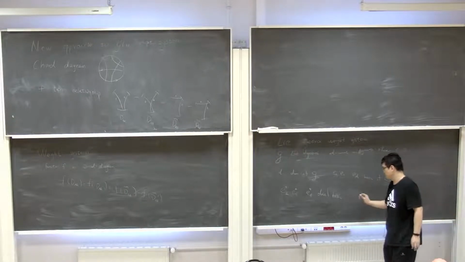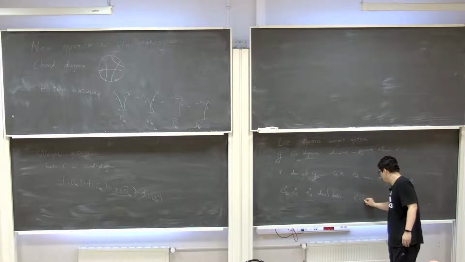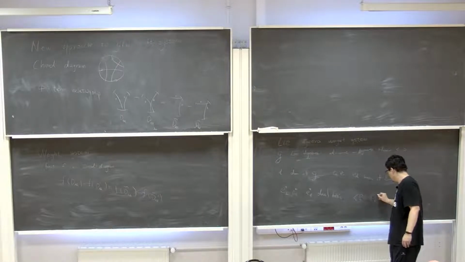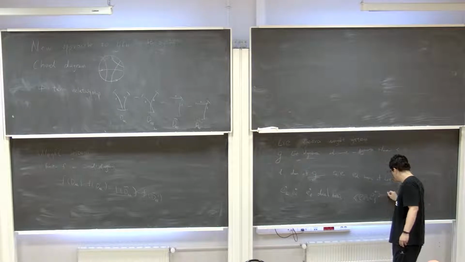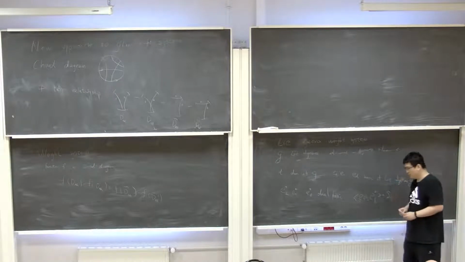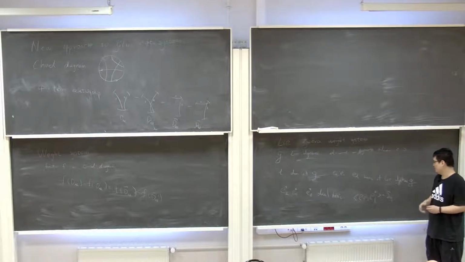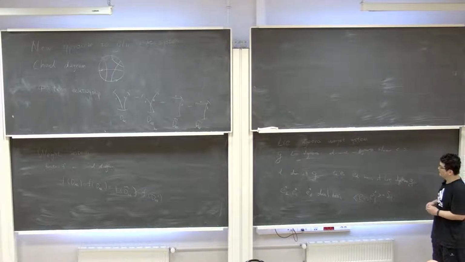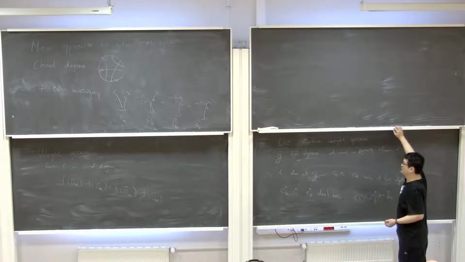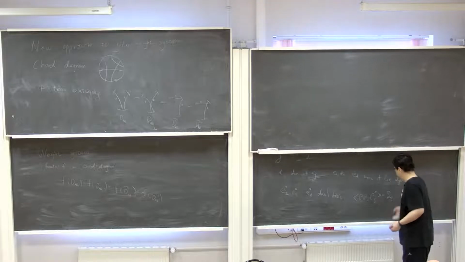And I said dual base, which means that the pairing of E_i and E_j star equals delta_ij, which means it is equal to 1 only when i equals j, otherwise it's 0. And I show you the definition of the Lie algebra weight system.